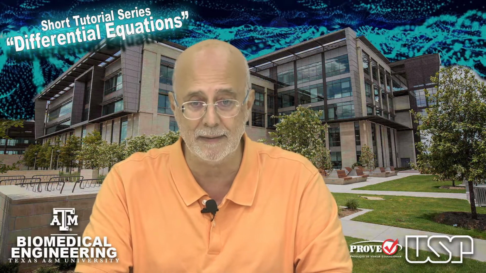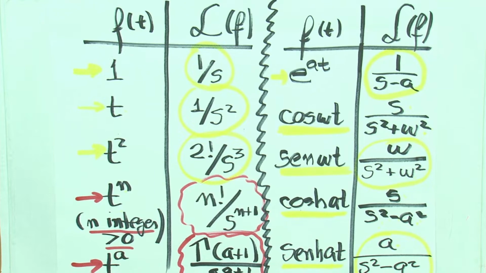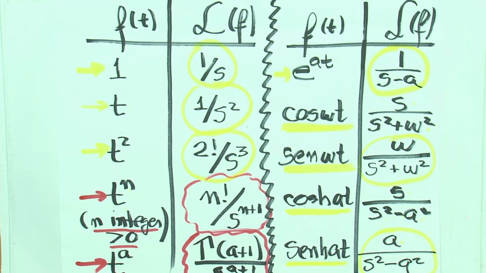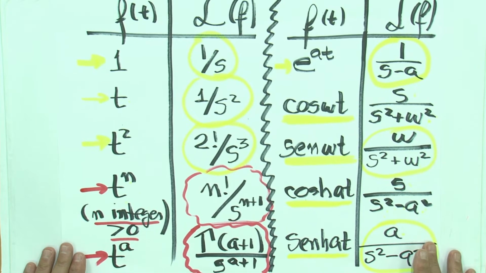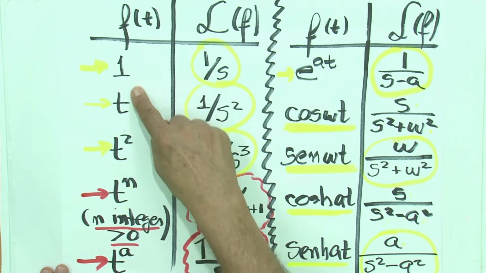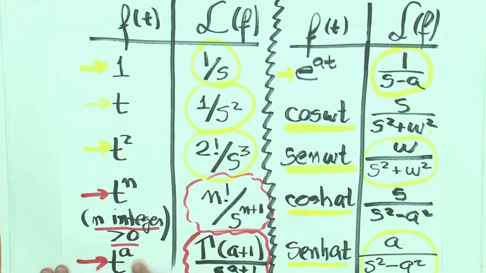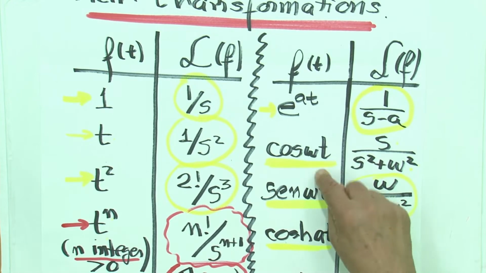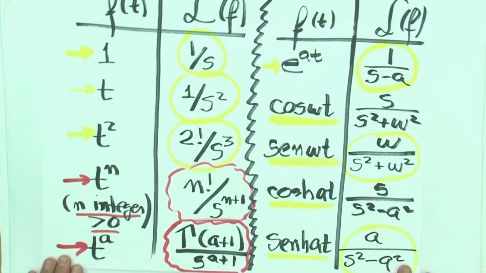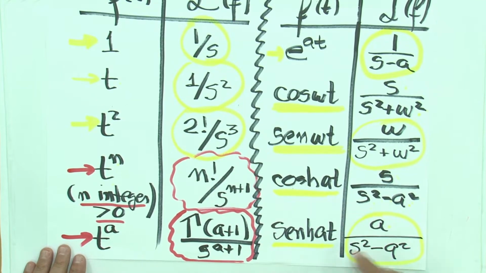Then we have a very nice table here with a few of the most important Laplace transforms that we needed to consider, starting with power law functions, then exponential or trigonometric functions, or even hyperbolic trigonometric functions.